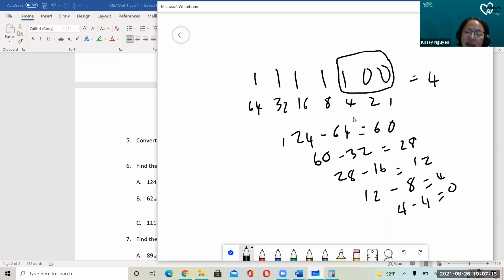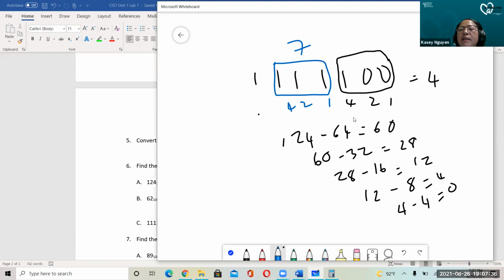And then again, I'm going to chunk this up into another 3 bits. So it's 1, 2, and 4. So that's going to be a 7. This is a 4.